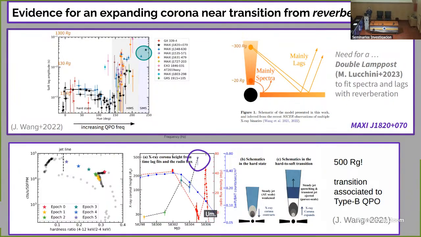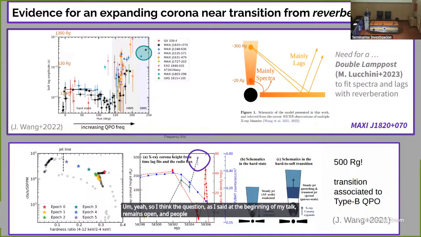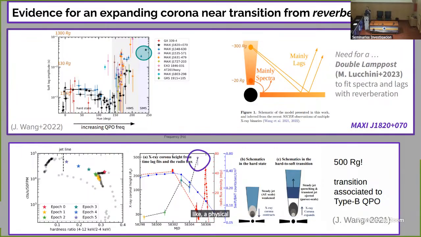So I think the question, as I said at the beginning of my talk, remains open, and people in our field continue discussing what is the size of the corona and what is the geometry. What I showed you here is what we get when we use a physical model, simplistic as I showed you. It could be more complex, but we need also better data in order to test it.